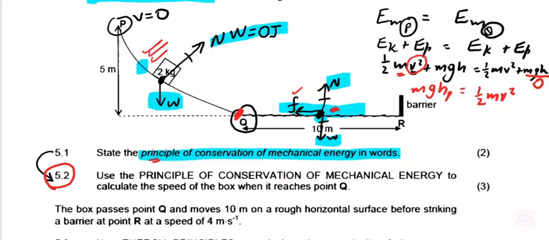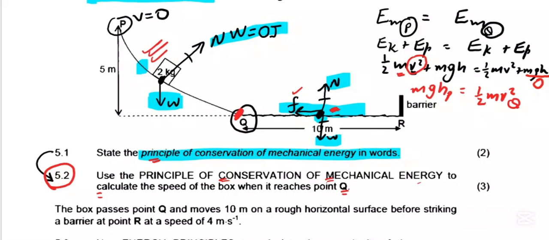Let's quickly go to the question. The question says use the principle of conservation of mechanical energy to calculate the speed of the box when it reaches Q. So that is Q. We have prepared our formula for Q, and we can just substitute.